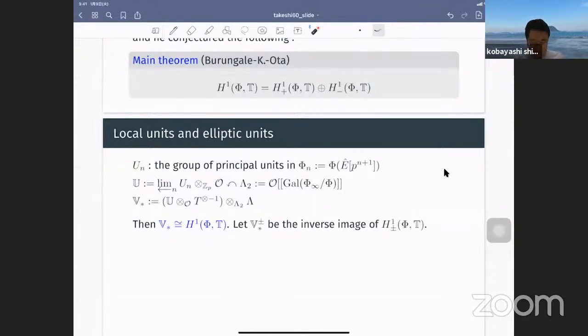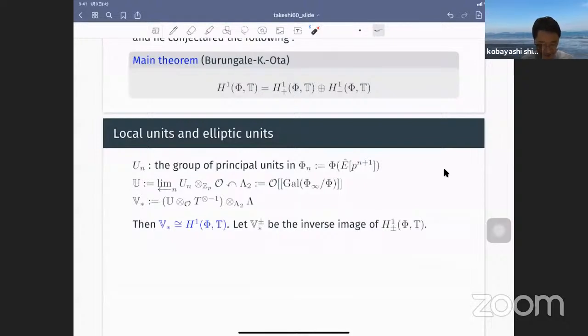This is a Z_p^2 extension. And big U is the limit of the U_n, where the limit is taken by norms.